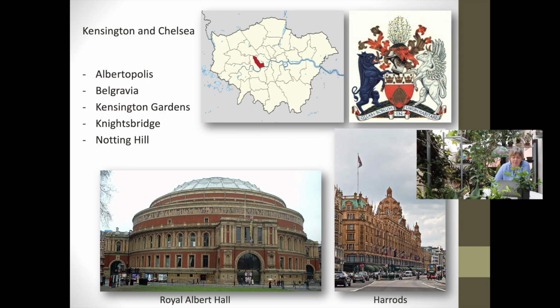Then we have some more boroughs. Another one is Kensington and Chelsea. This is the area of some very elegant residential areas. Historically, these were the residences of the very rich. So Chelsea and Belgravia, they were very fashionable places.